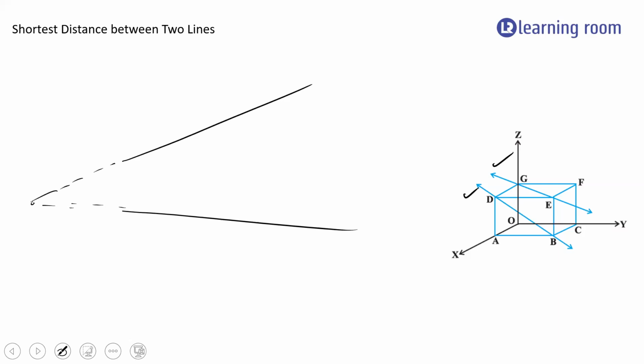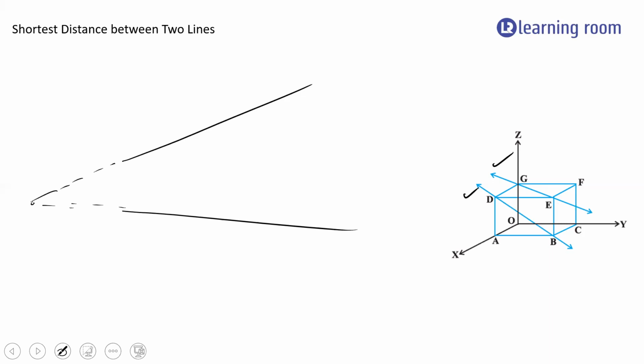But when it comes to space, there is a possibility where the lines need not be parallel, at the same time need not intersect also. So how are we going to visualize this? If this is one line, and I define another line like this, look at them. They are not parallel, but at the same time they are never going to intersect.